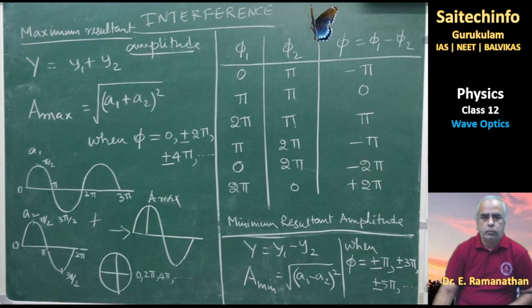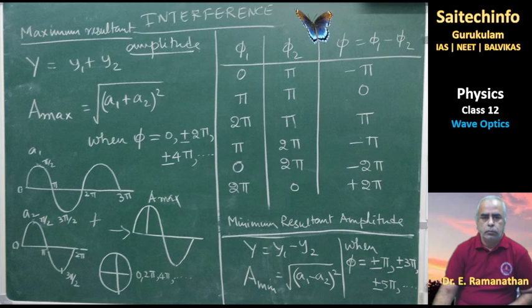Similarly, pi minus pi is equal to 0, 2 pi minus pi is equal to pi, pi minus 2 pi is equal to minus pi, 0 minus 2 pi is equal to minus 2 pi, 2 pi minus 0 is equal to plus 2 pi. So when you are able to get the phase difference as 0, plus or minus 2 pi, plus or minus 4 pi, that indicates the maximum resultant amplitude, that is A max.